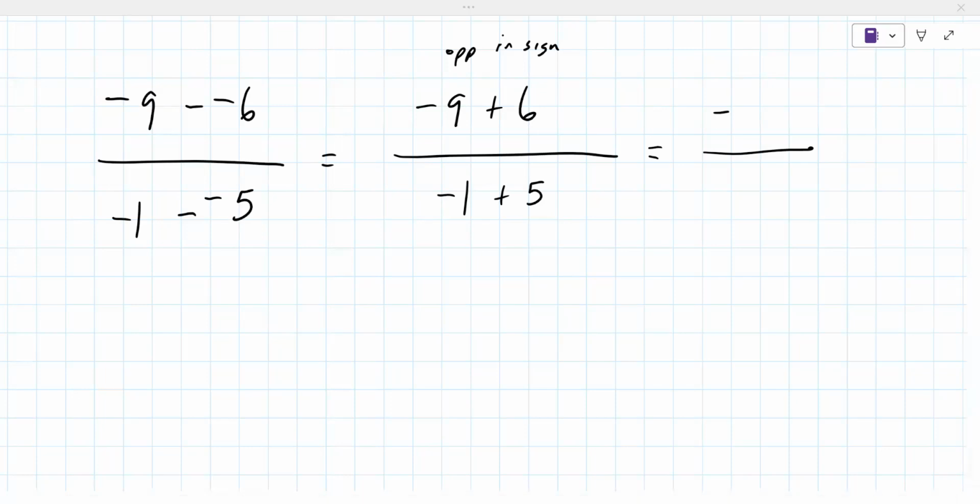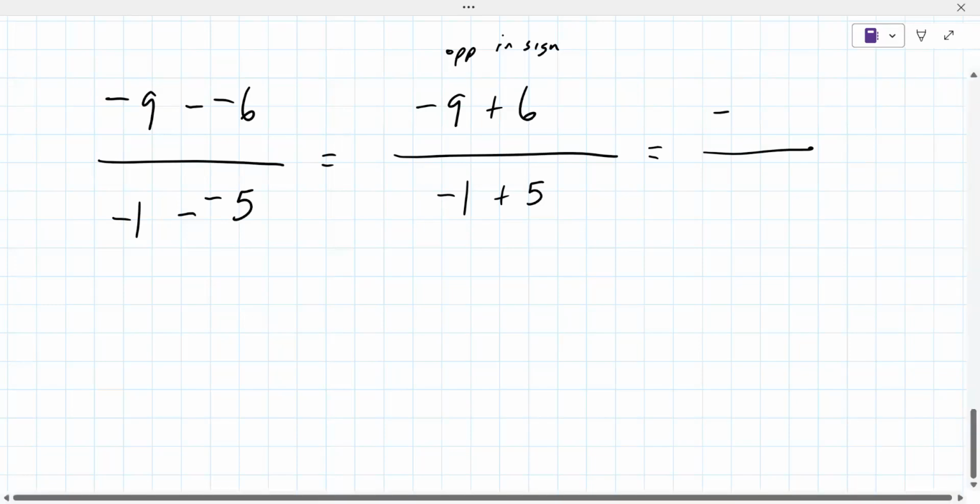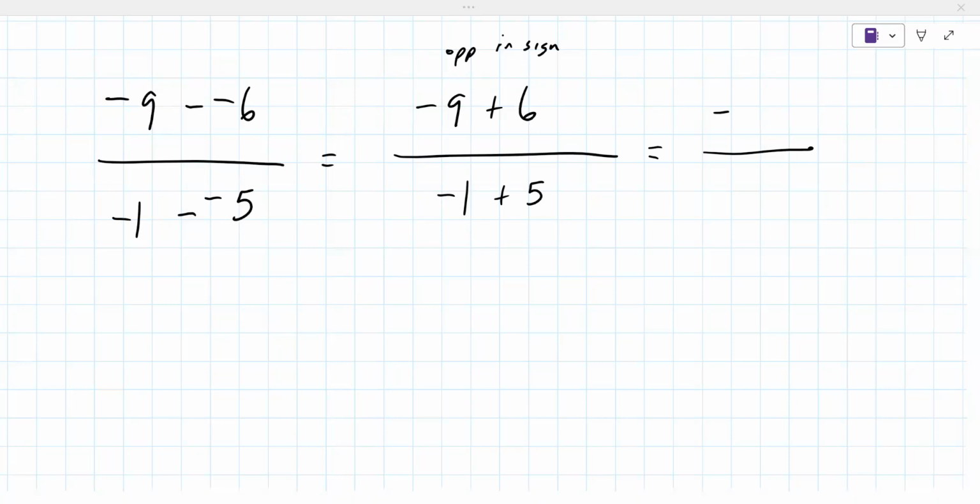I have my notebook with me. Alright, so we subtract, okay, subtracted.